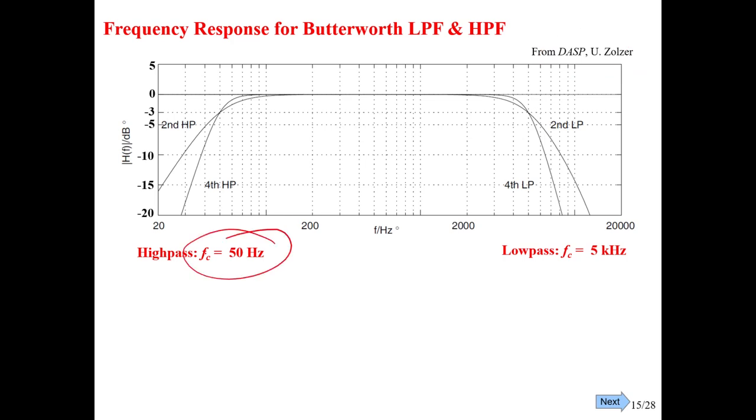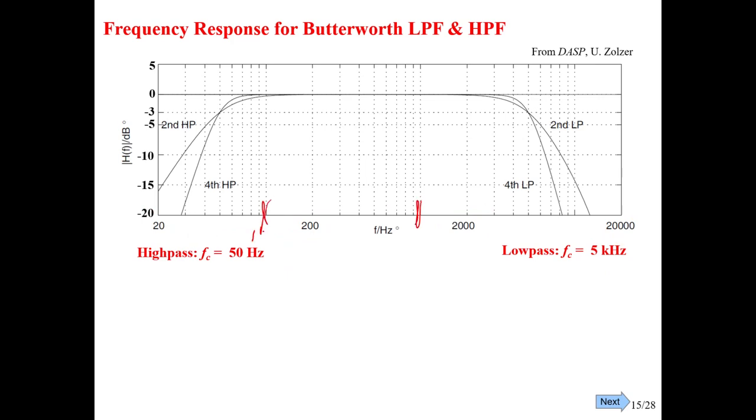Here both high passes have a cutoff frequency of 50 hertz, and the low passes have cutoff frequencies of 5 kilohertz, just for convenience to show. And we're plotting it on a log frequency axis with the marked frequencies being 20 out to 20,000. That's a common thing for audio, even though generally we mark the start of the decade.